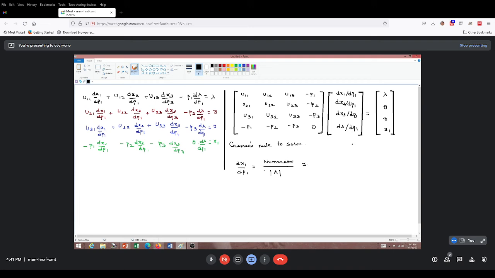Now, if you look at it carefully, this is simply the bordered Hessian determinant of order 3, and this is negative. Okay. Now let us look into the numerator.